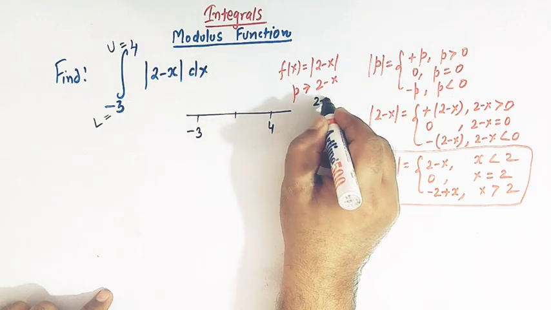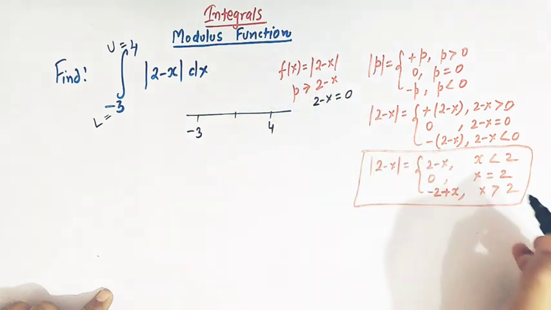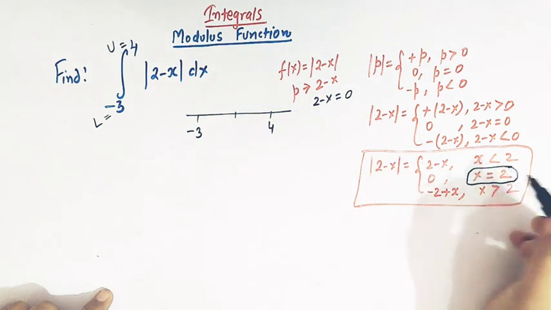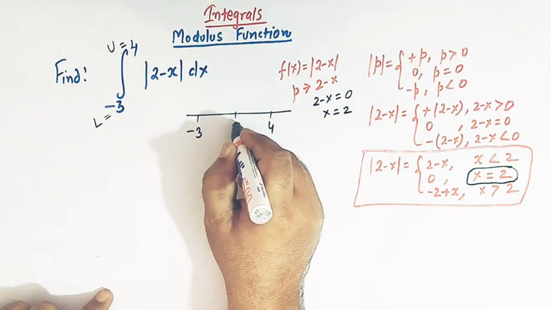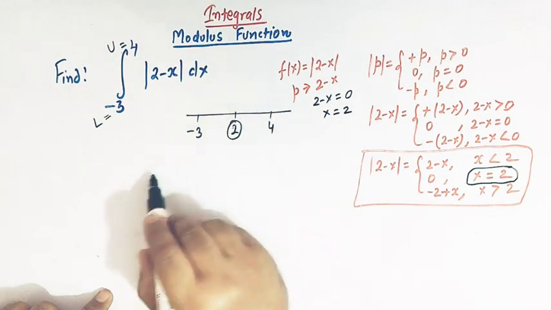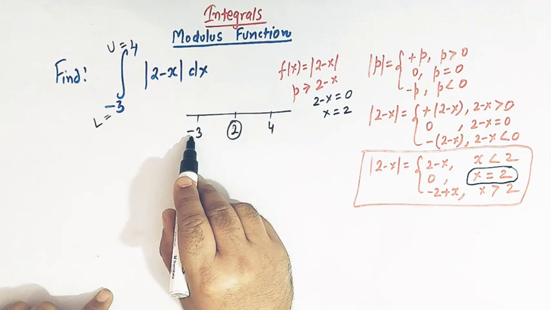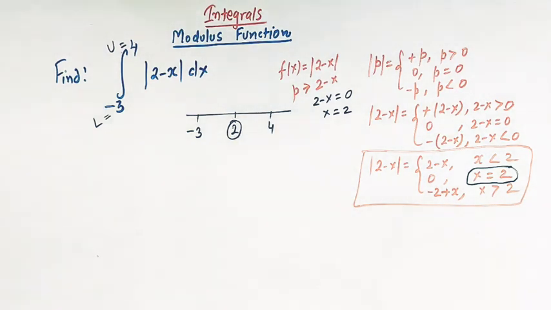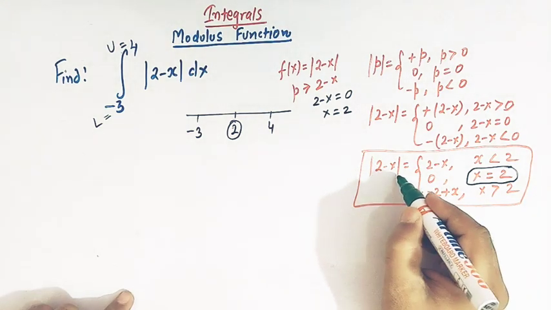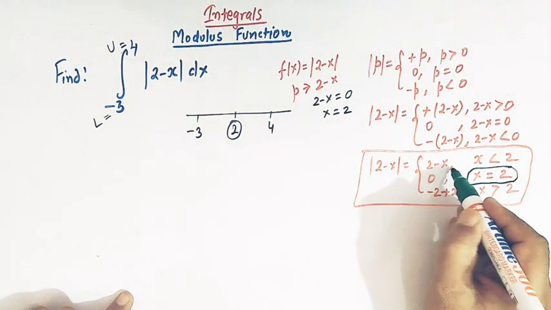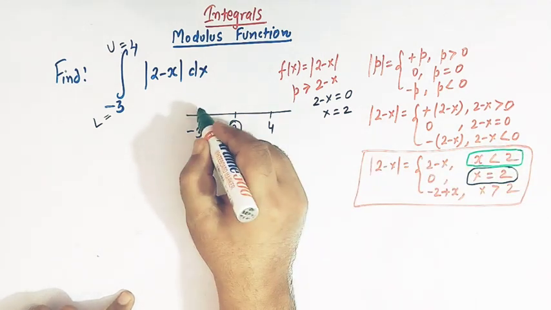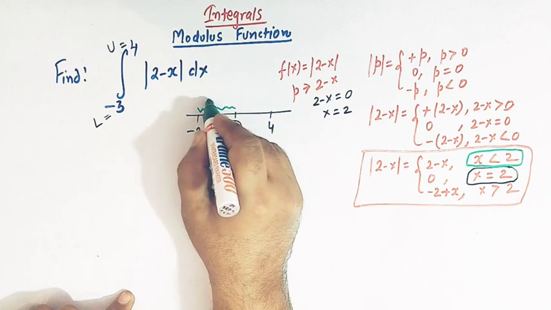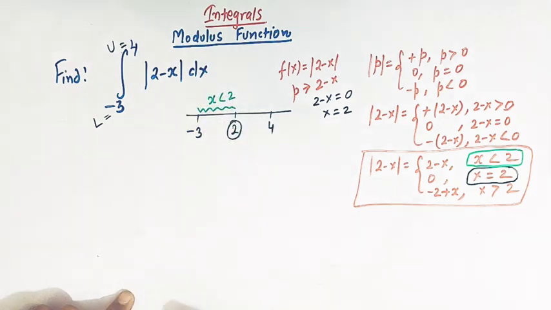If we solve 2 minus x is equal to 0 as we have done here, then we have x is equal to 2, right? So here we have 2, and we see that this 2 lies between -3 and 4, right? Okay, now see, mod of 2 minus x is equal to 2 minus x when x is less than 2, right? So in this part we have x less than 2, right?